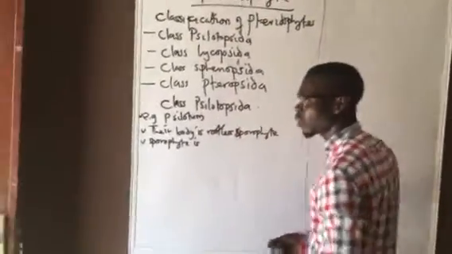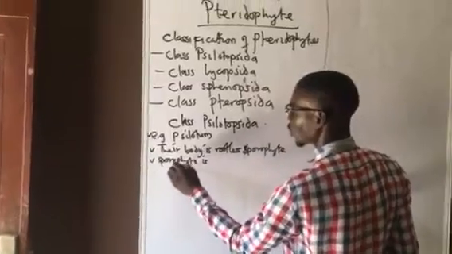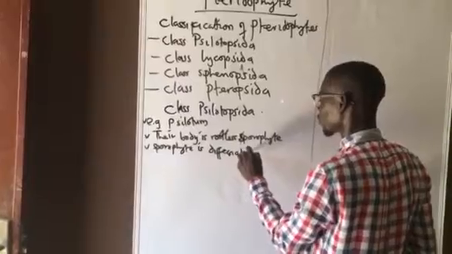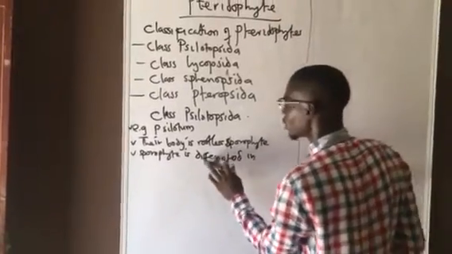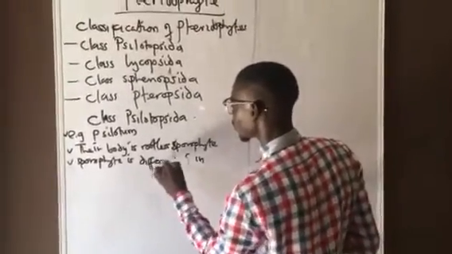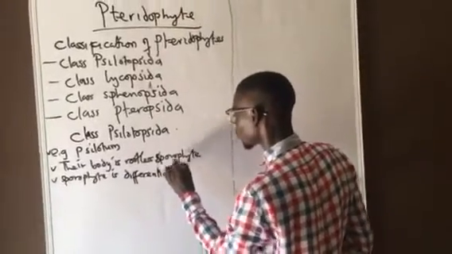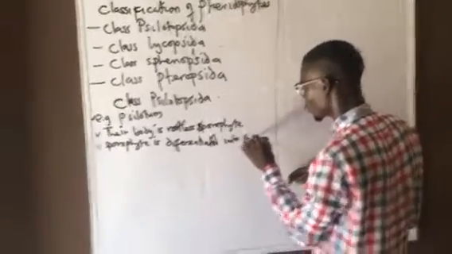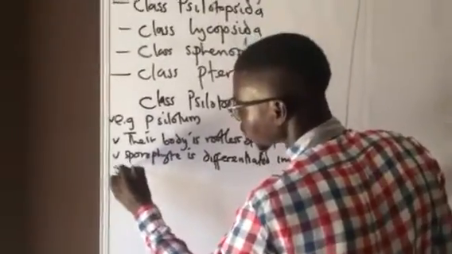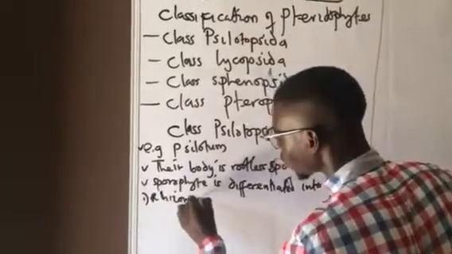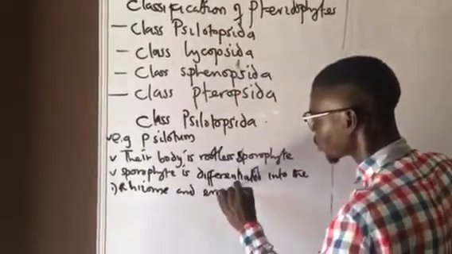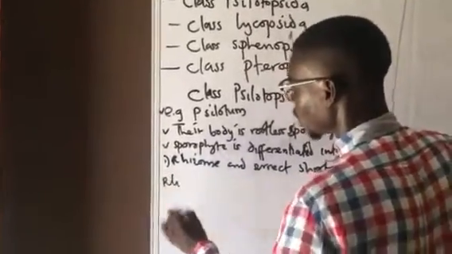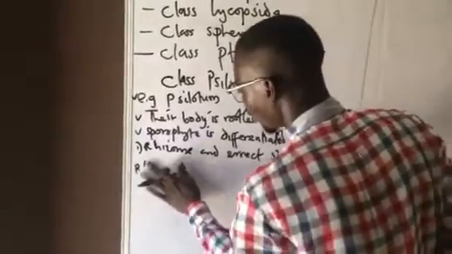So it is differentiated into two parts, the rhizome and the erect shoot. And the rhizomes are covered by large rhizoids.